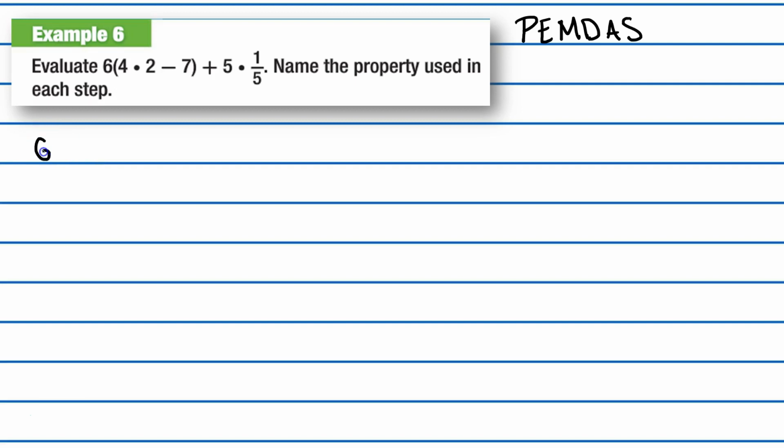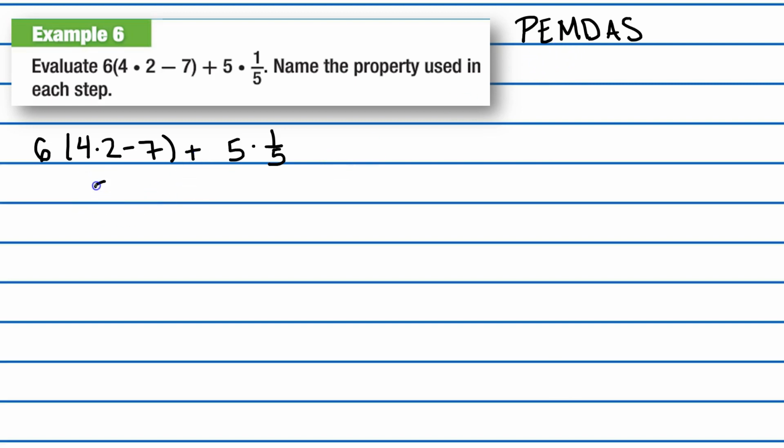And so I'm going to go ahead and rewrite it here. Okay, so first thing we want to do is the parentheses. So as you can see here though, in the parentheses we have multiplication and subtraction, but multiplication comes first.